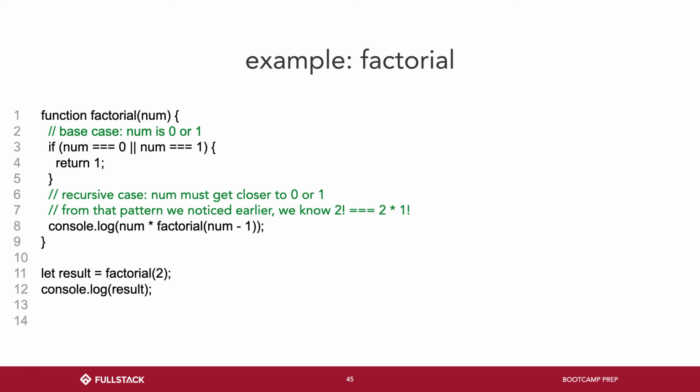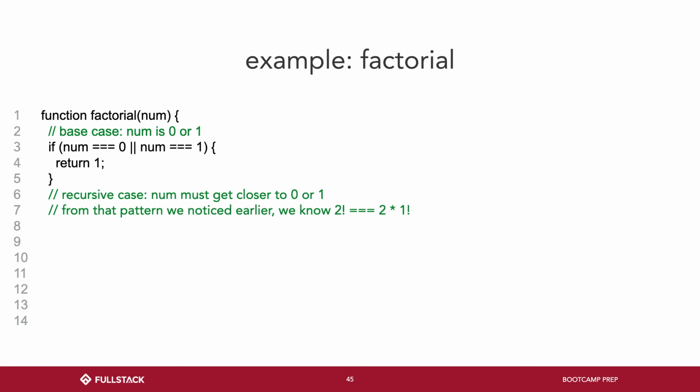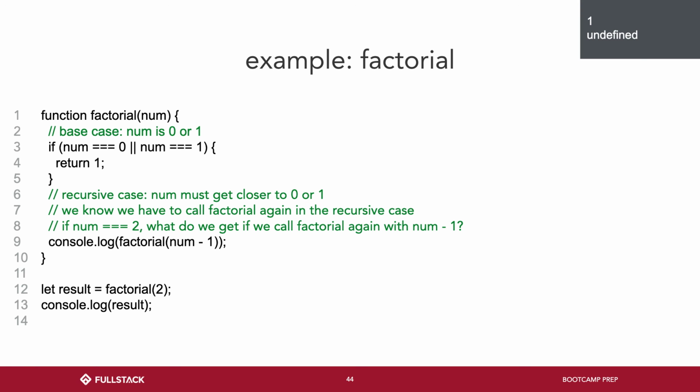So if we console.log num times factorial of num minus 1, then we do get that 2, right? Because before, we just console.log factorial of num minus 1. And what is factorial of num minus 1? Factorial of num minus 1 is factorial of 1, right? And factorial of 1 returns 1, right? So when we console.log factorial of num minus 1, we get that 1.